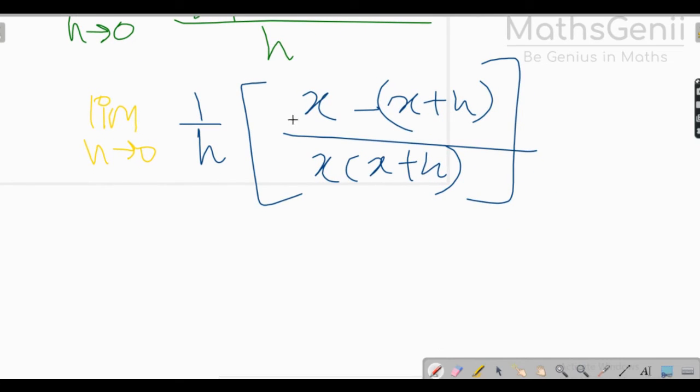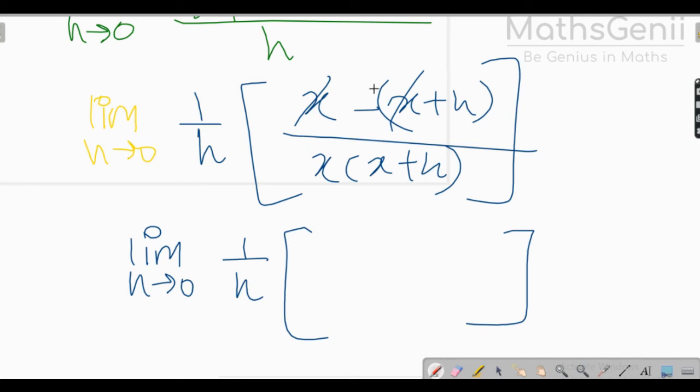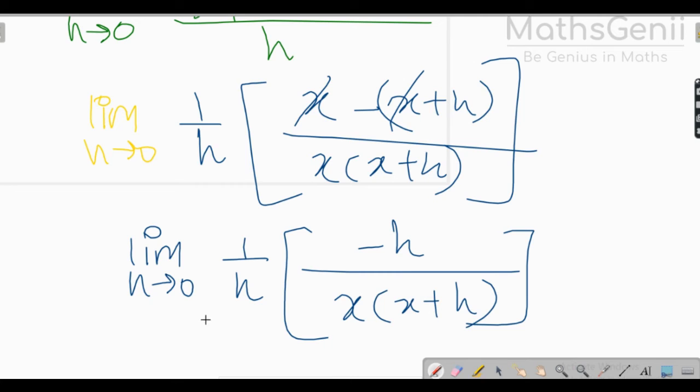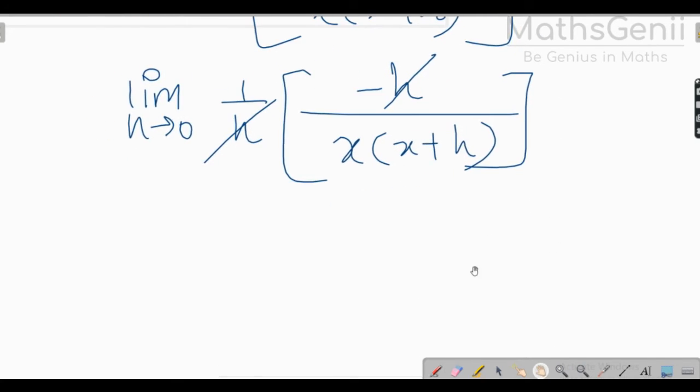Now when you open the bracket, plus x minus x is going to get cancelled. What you have outside is 1 upon h. What you have inside is the minus sign and h. Then you have x into x plus h. Plus h minus h gets cancelled. What remains is, now you will have to substitute this h is equal to 0 inside the bracket.